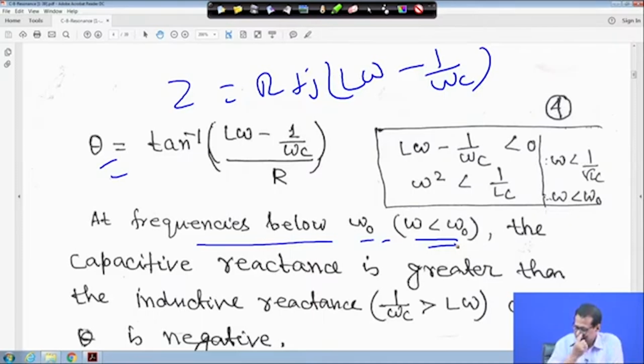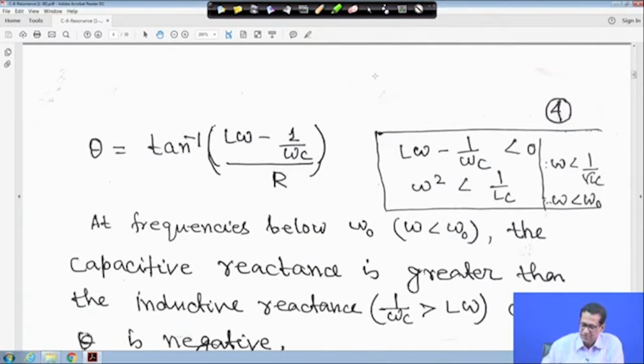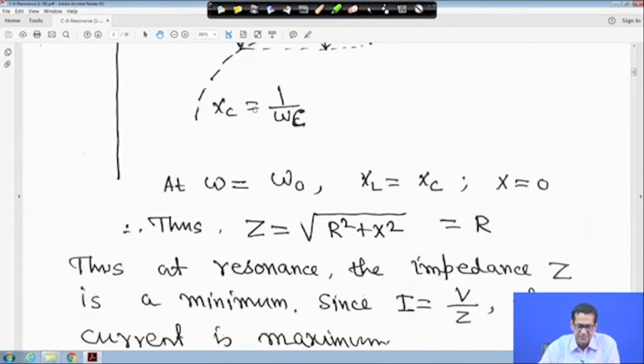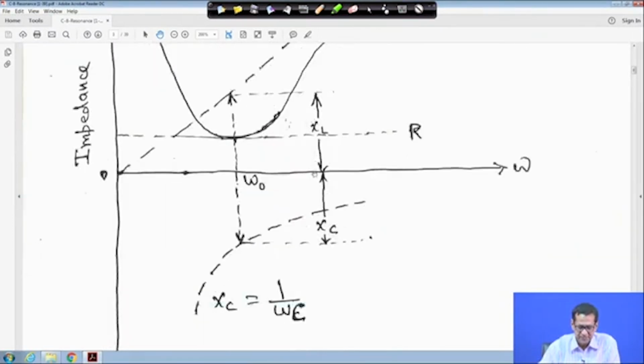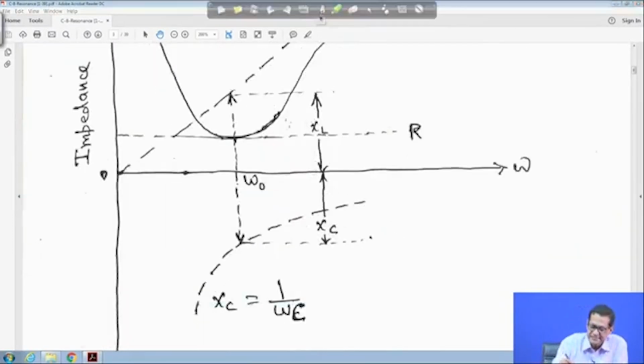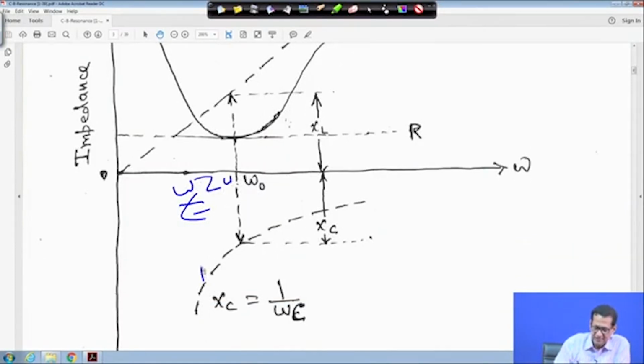So, in that case, if omega is less than omega 0, let me come to this diagram. When omega is less than omega 0, this region, the capacitive reactance is more than the inductive reactance. On the other side, the capacitive reactance is less, and XL will be more.